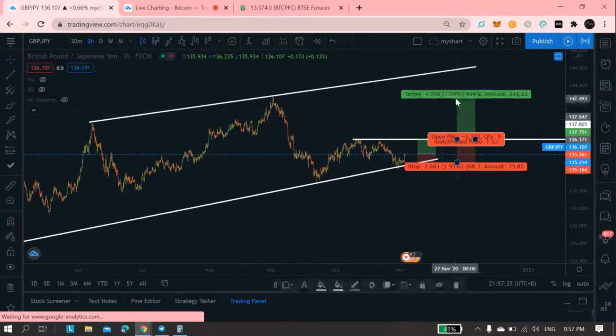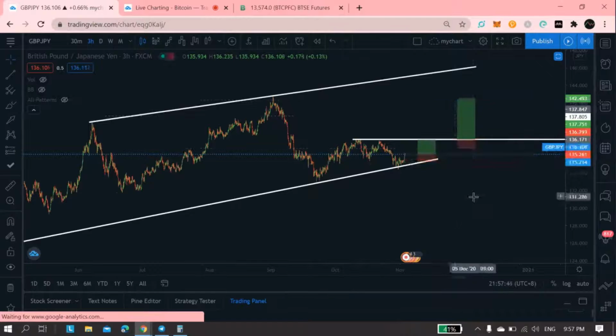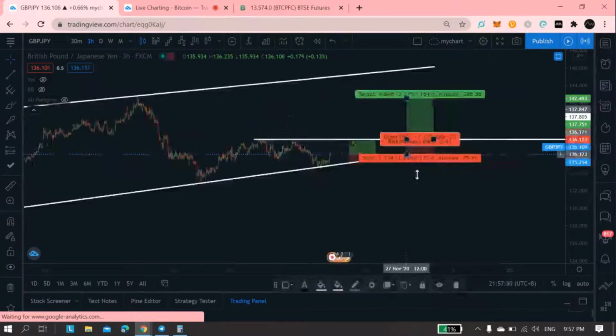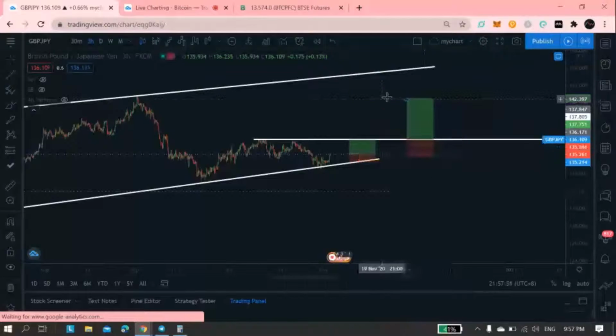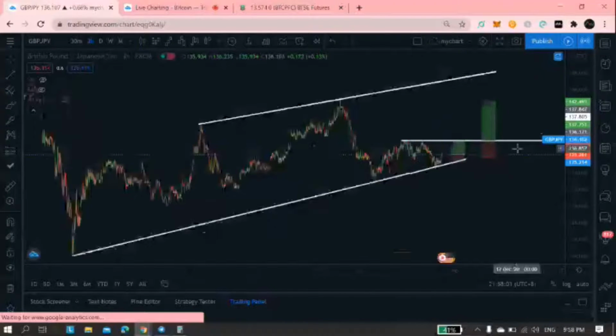But of course, it also depends on the trader. I normally measure the risk reward when I'm entering into a transaction.